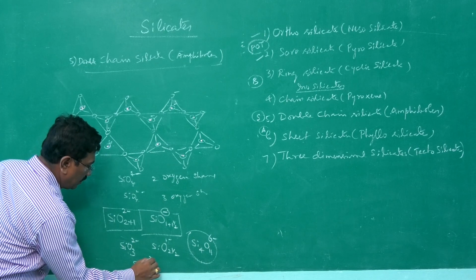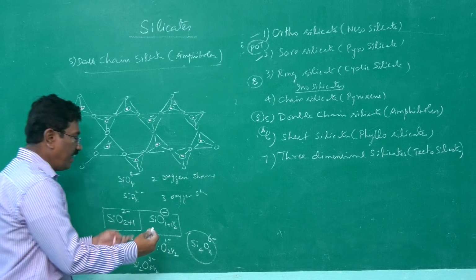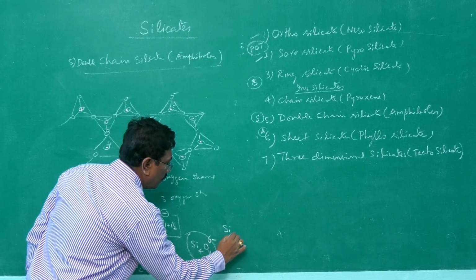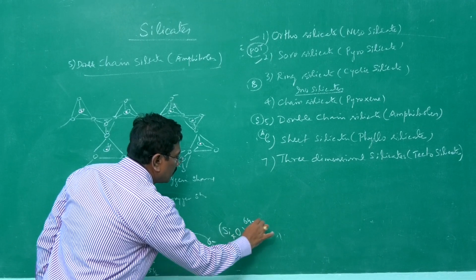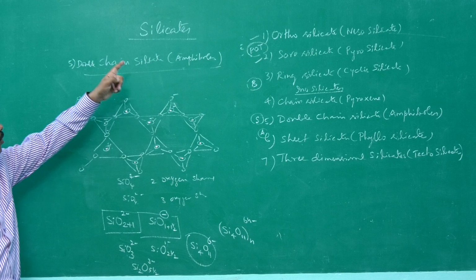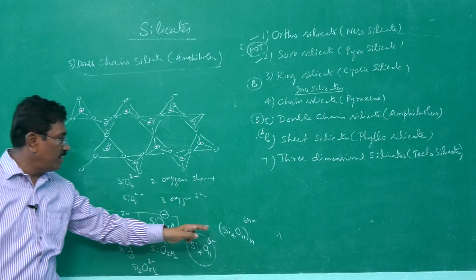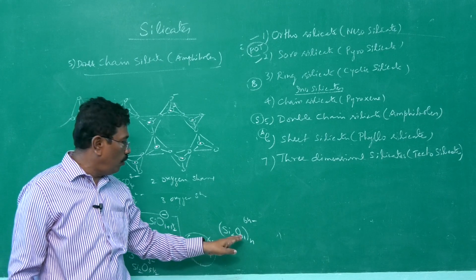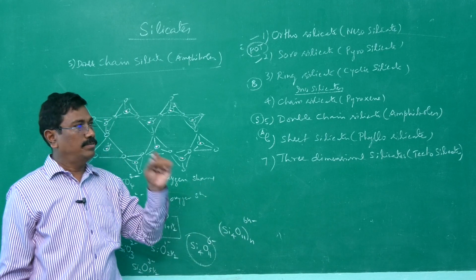Total charge 3 minus. If I double, it will become 6 minus. If it is n times, Si4 O11 n times 6n minus. So this is the charge on amphiboles. The amphibole ion or double chain silicate ion is having the molecular formula Si4 O11 n times 6n minus.